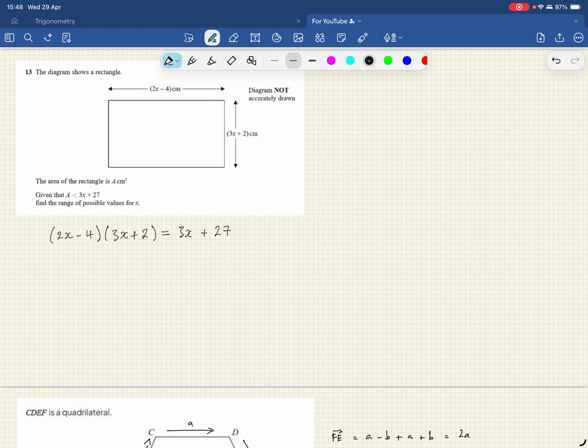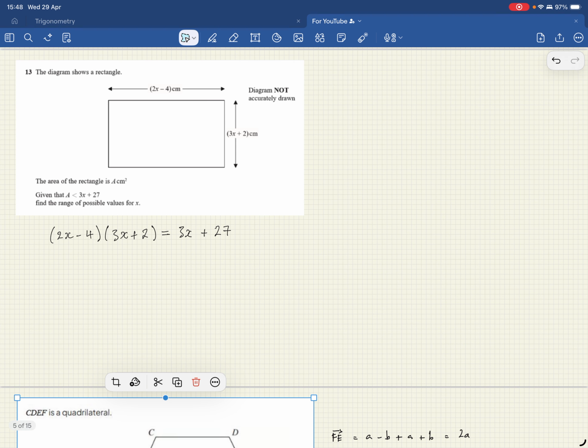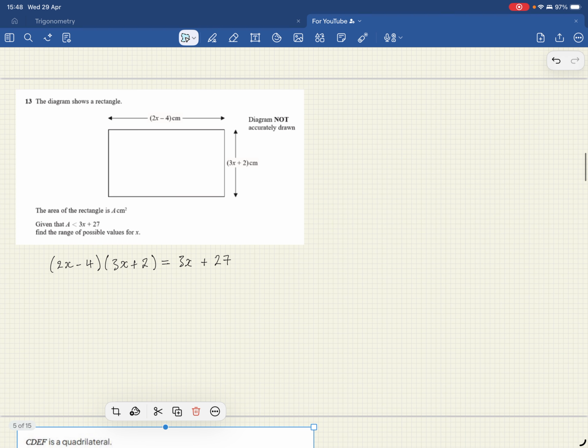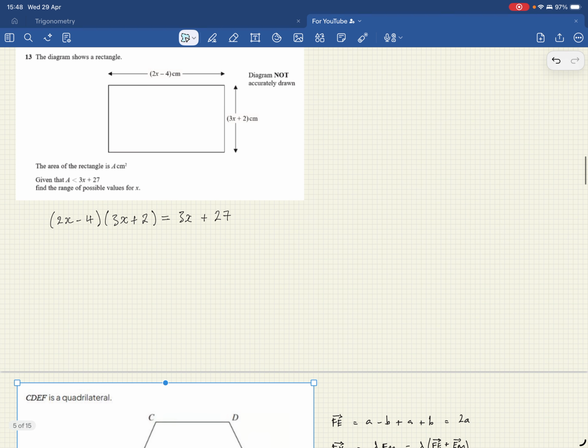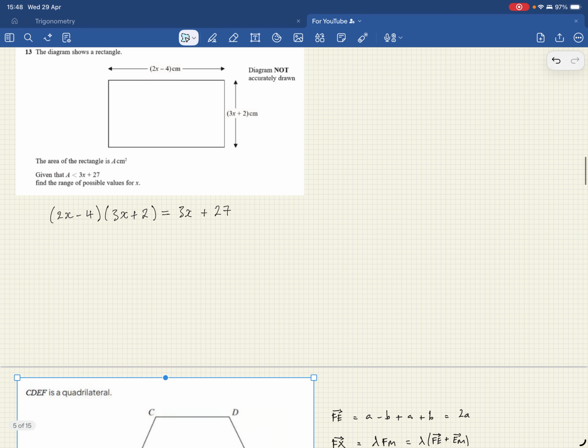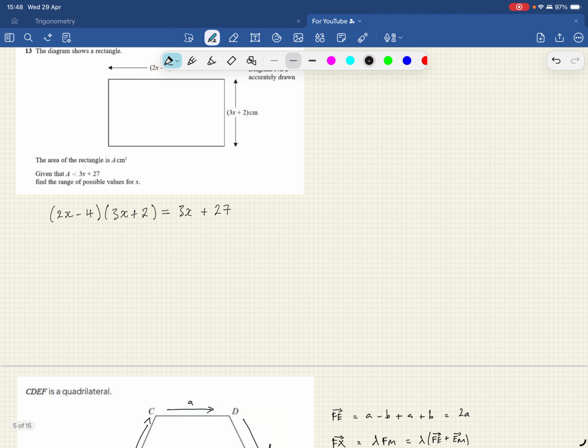I'm going to multiply out this bracket. So 2x times 3x is 6x squared, and then plus 4x minus 12x minus 8 equals 3x plus 27.